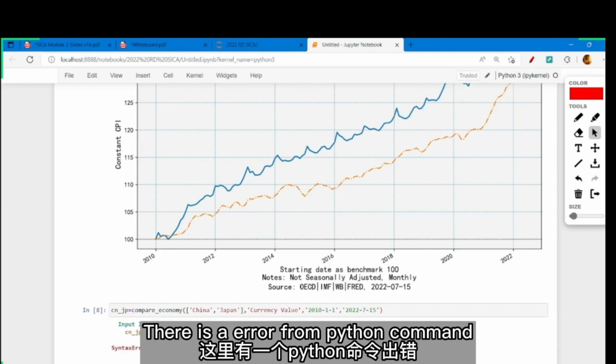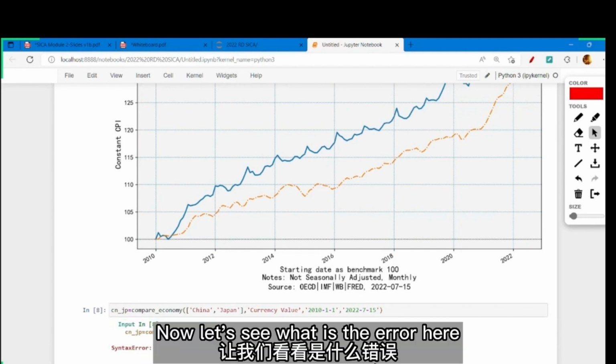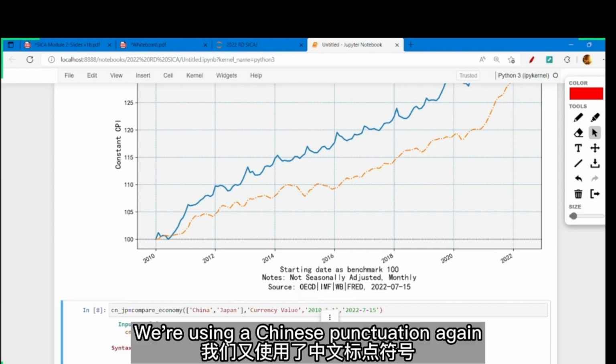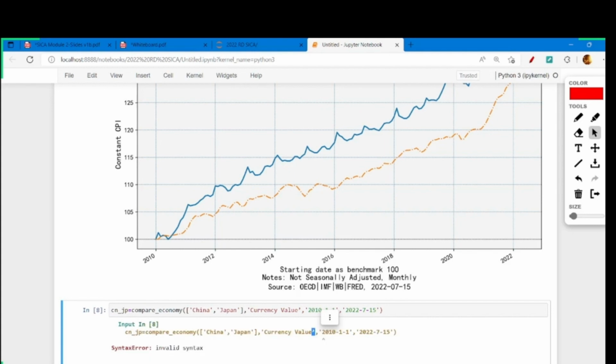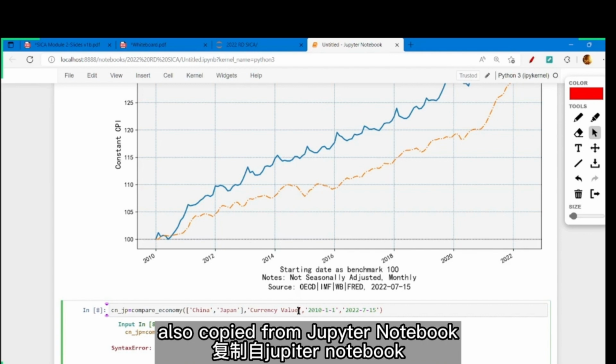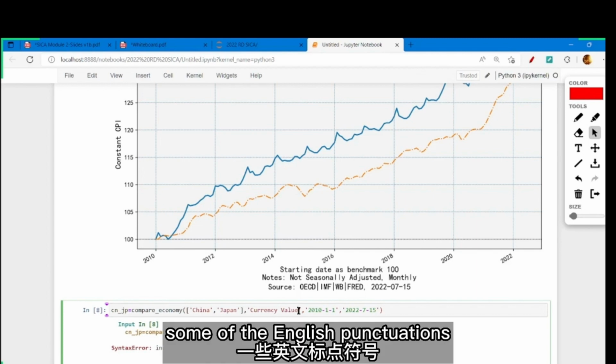There is an error message from the Python command. Let's see what the error is. We're using Chinese punctuation again. That's strange. The Python command in our slides was also copied from Jupyter Notebook, but when we copy back to Jupyter Notebook, some of the English punctuation changes to Chinese punctuation.